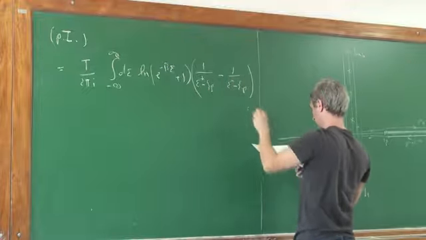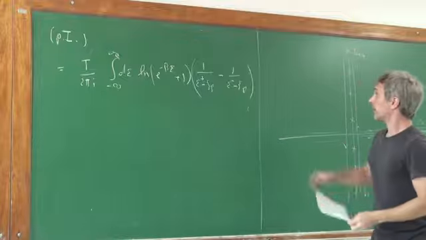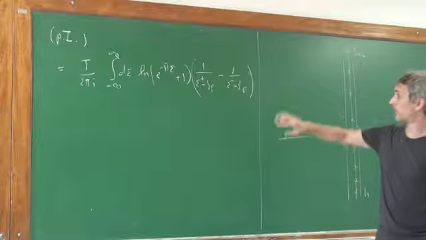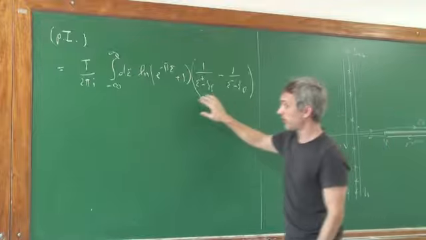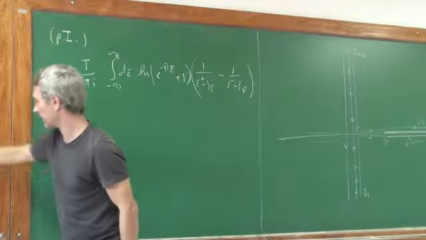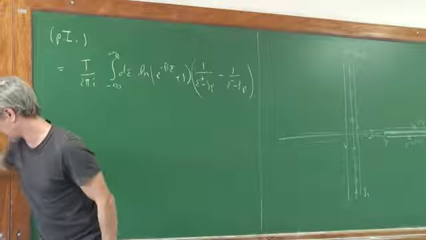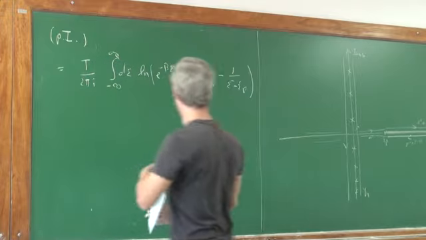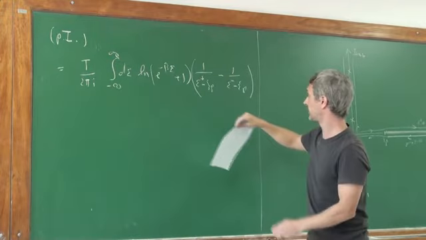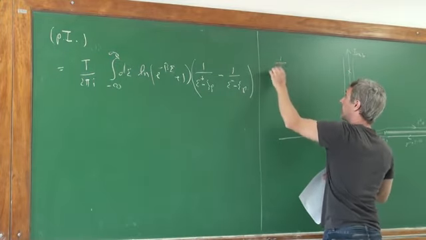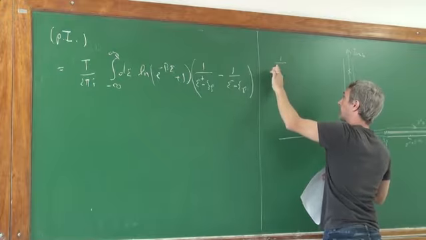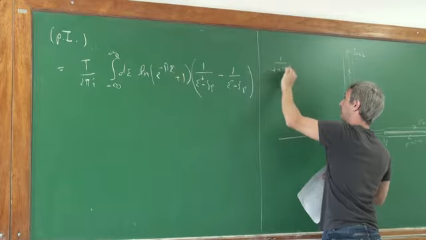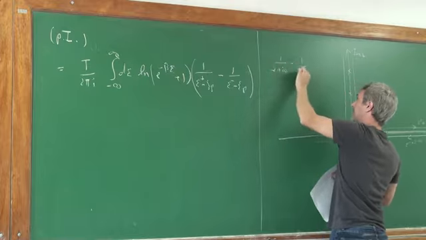Okay. So this is after partial integration, using that the boundaries will not contribute, and now we can see that this is just of the form 1 over z plus i0 minus 1 over z minus i0.